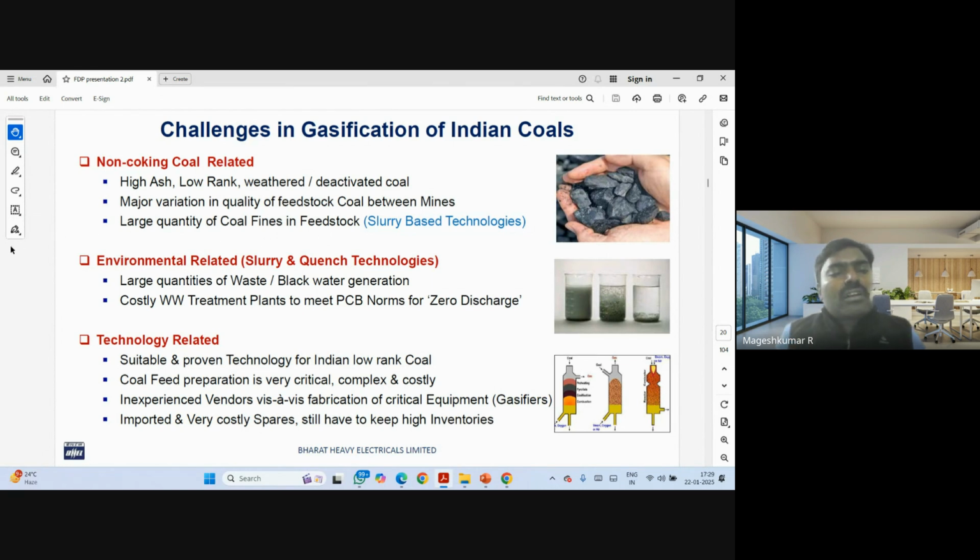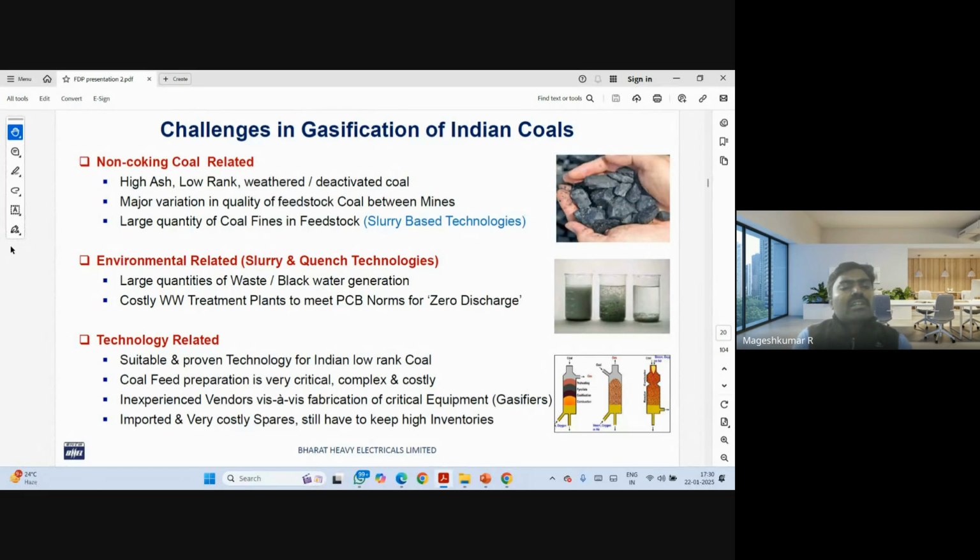Then environmental aspects: whenever we are developing any technology today, we have to think of this environmental aspect, without which neither the development nor the buying of the technology would happen. A large quantity of waste and black water is generated if you are using the other technologies. Costly water treatment plants are required when using other technologies, which is not the case for the technology developed by BHEL.